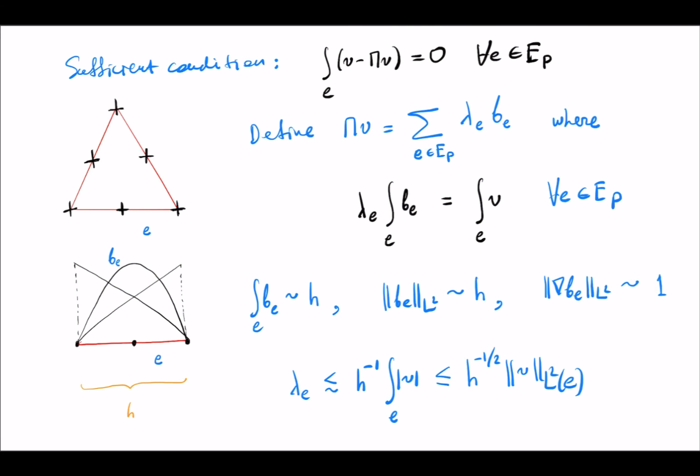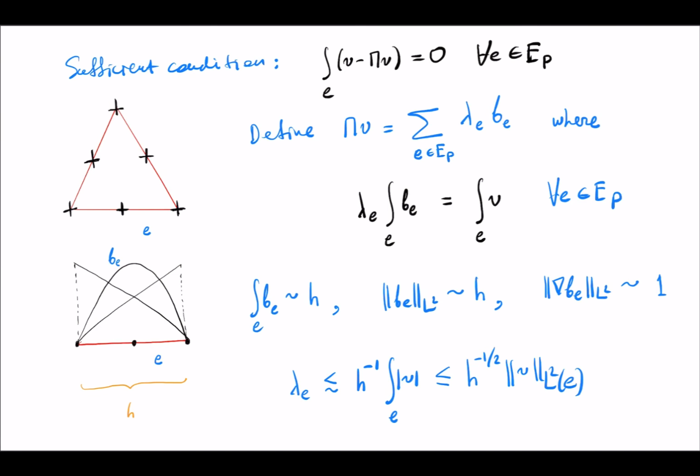Now we want to have a bound on this coefficient lambda e. We know that this is of order h, so putting this on the other side, we get h to the power minus 1. And for the L1 norm of v, I use Cauchy-Schwarz. Over here, you get the L2 norm of v over the edge e, and you get h to the power minus 1/2.